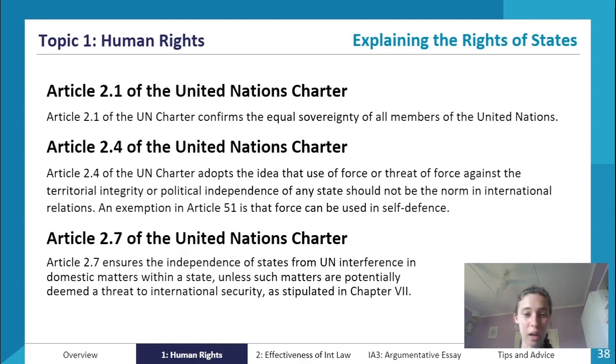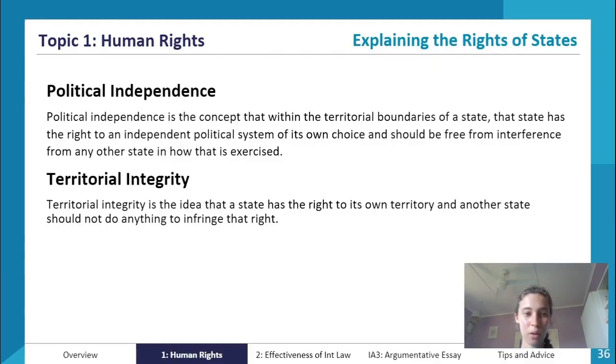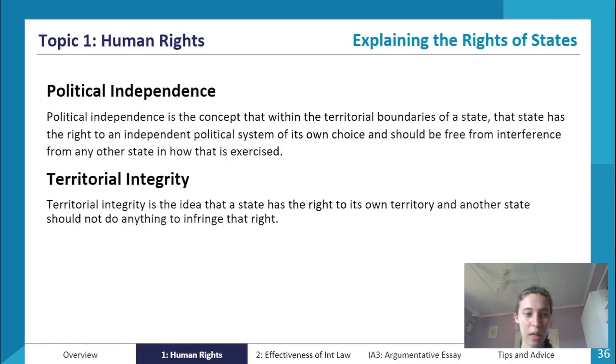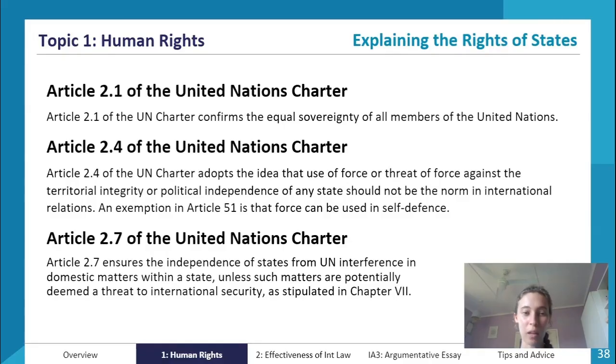So you'll see going through these that the rights that we just went through, political independence, equality, sovereignty, etc., they are related in these articles here. So that first one, sovereign equality.